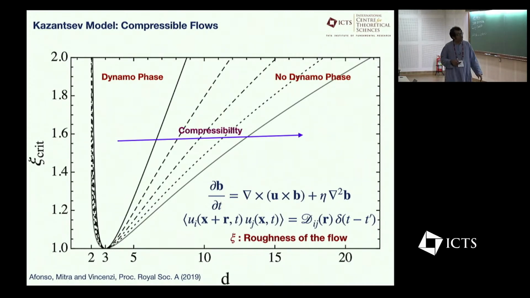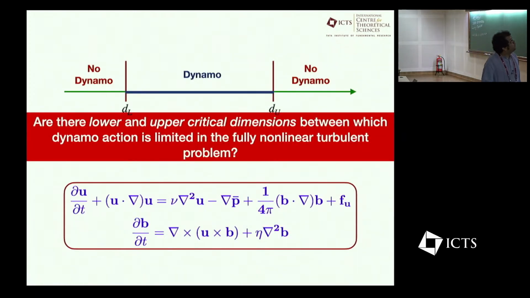But in largely analytical work, these people showed an extended phase diagram that includes compressibility. And as you make things more compressible, closer to the astrophysical context, you again see a dynamo, no-dynamo phase with these phase boundaries.